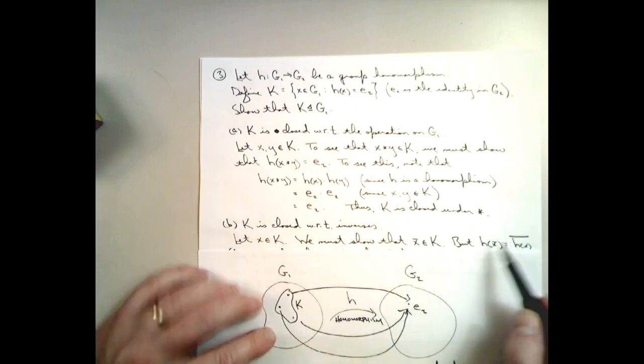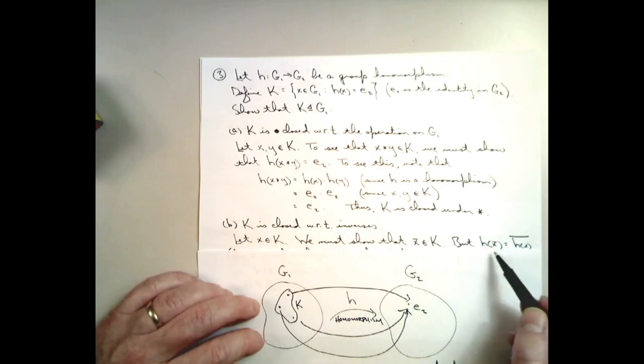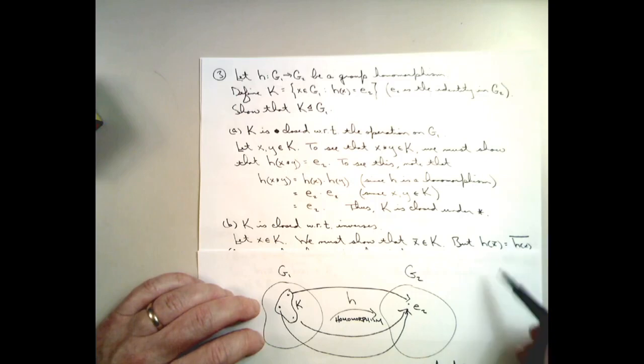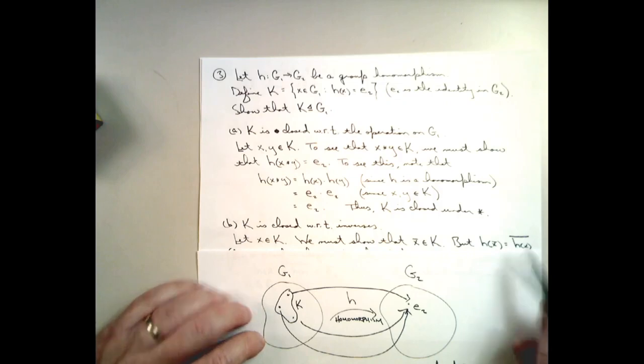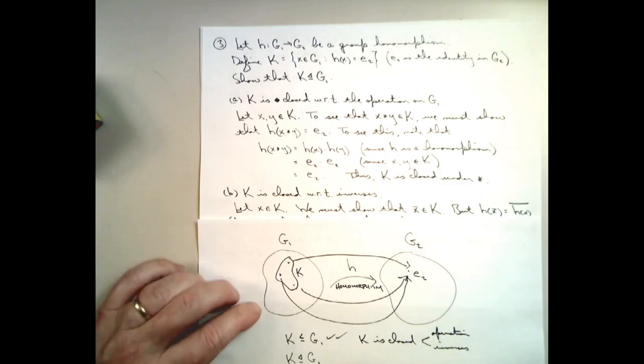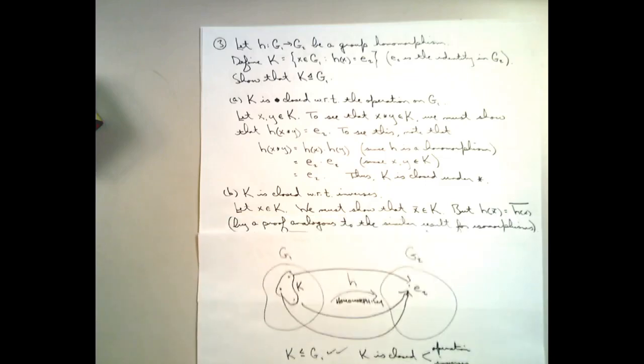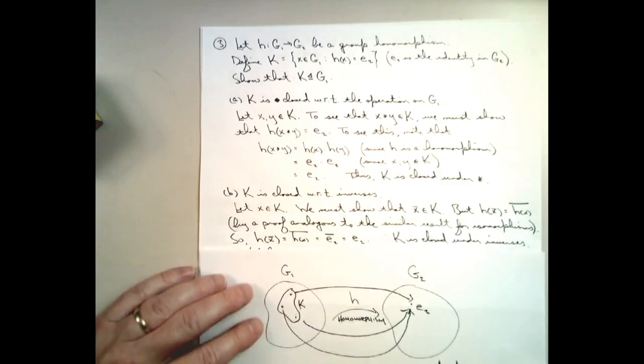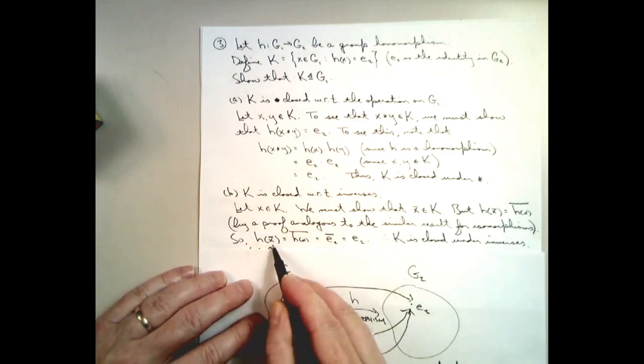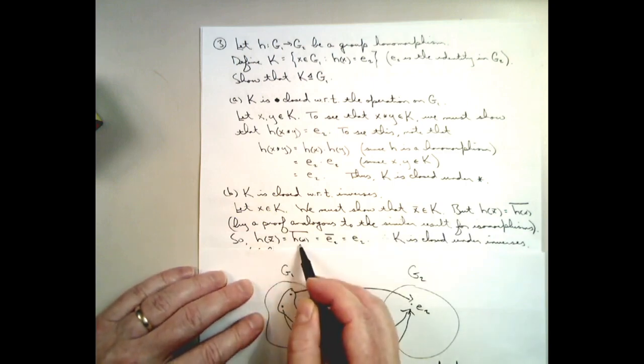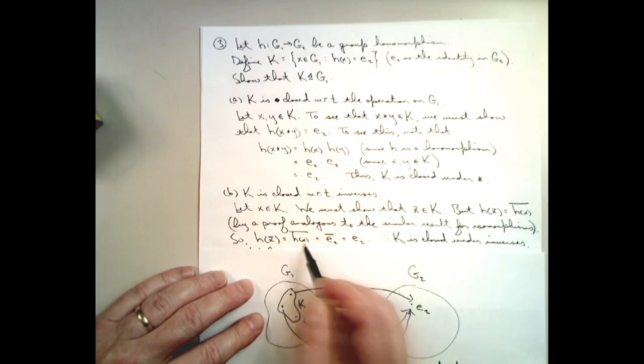Well, as it turns out, we haven't shown this specifically for homomorphisms, but you may recall that isomorphisms send the inverse of an element to the inverse of the image of that element, and exactly the same proof that we used to show that result applies to homomorphisms as well. And so using that fact, what we have is that H of X inverse, well, using that fact, that's the inverse of H of X.